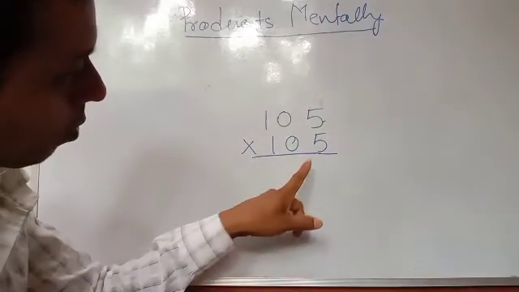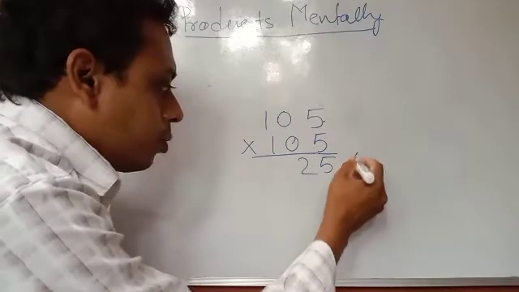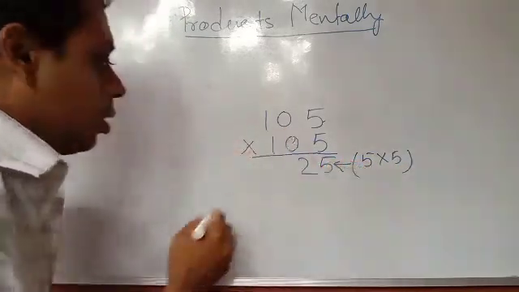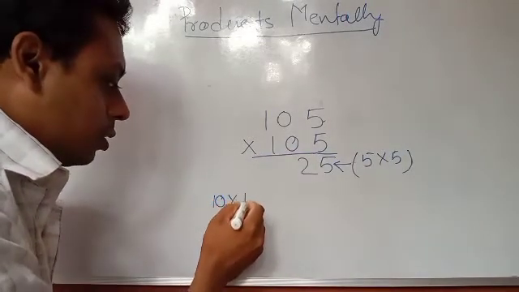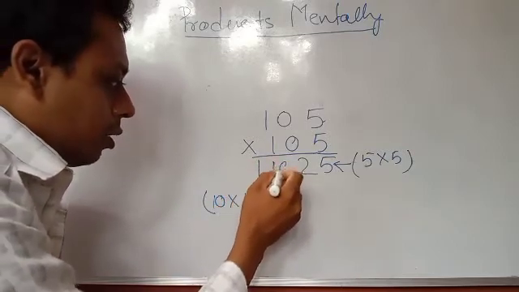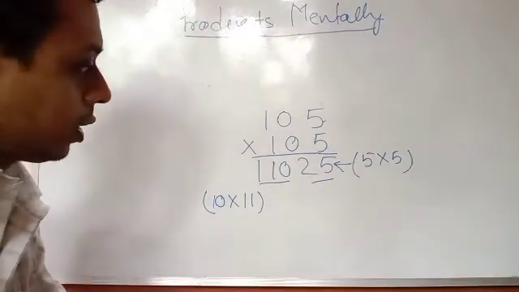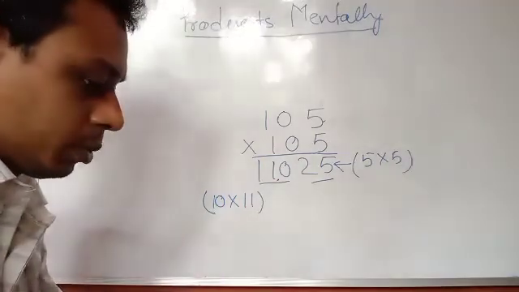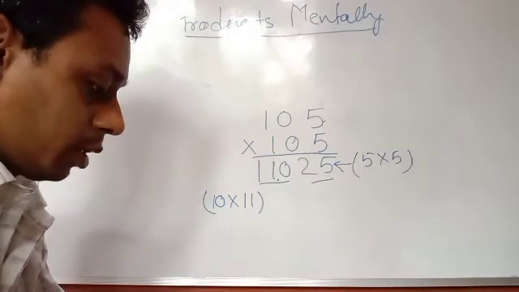Now 5 and 5, 25. Simply multiply 5 and 5, 25, and put here. Now number is 10 and successor of 10 is 11. So 11 and 10 if you multiply, then you will get 110. So 110 and 25. So 11,025 will be the answer.